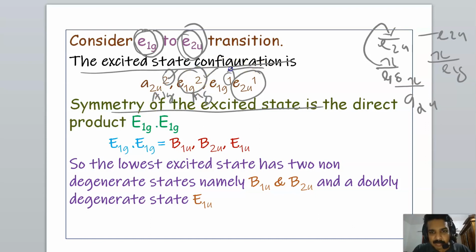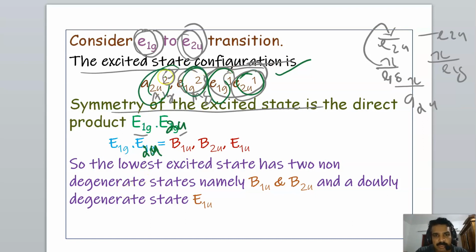The singly occupied levels are E1g and E2u. So the symmetry of the excited state is decided by the direct product of these two, that is, E1g into E2u.